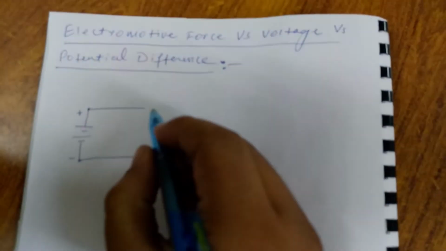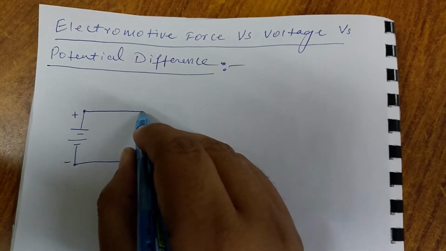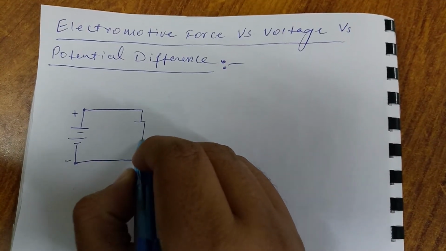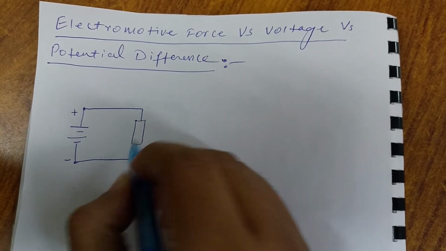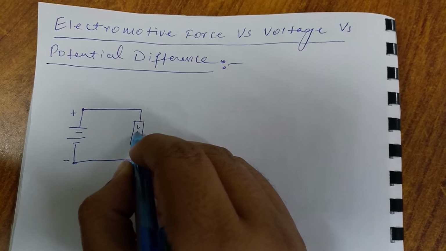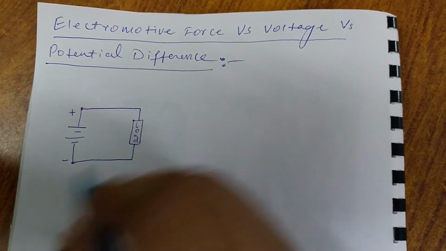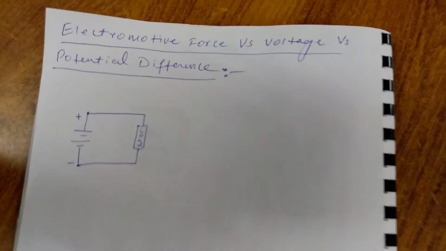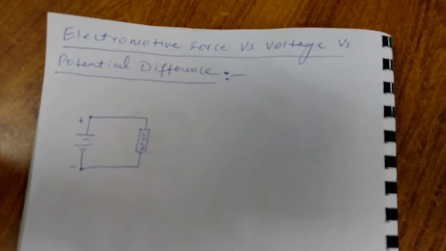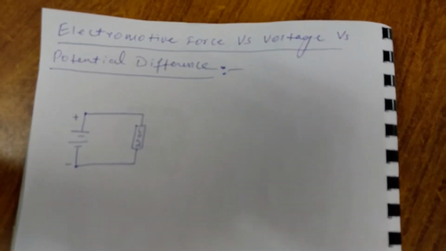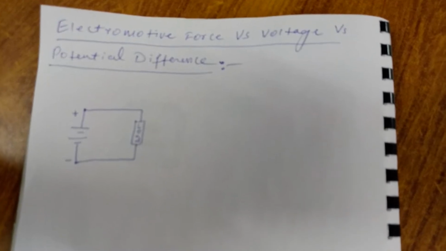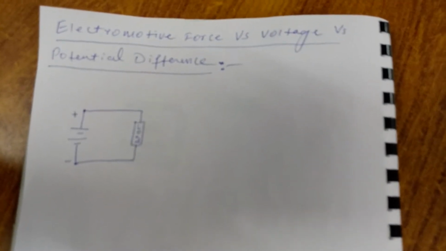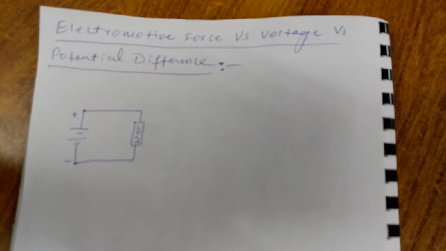Now I am connecting a load to a battery. This is the load. Remember, a load always consumes power when it is connected in a circuit. A load always absorbs power when it is connected in a circuit.